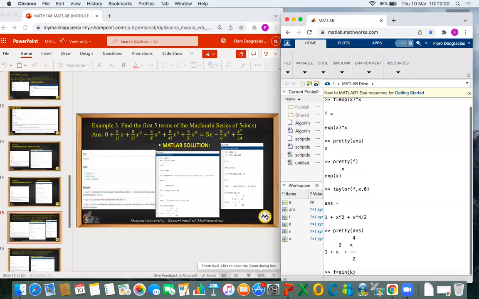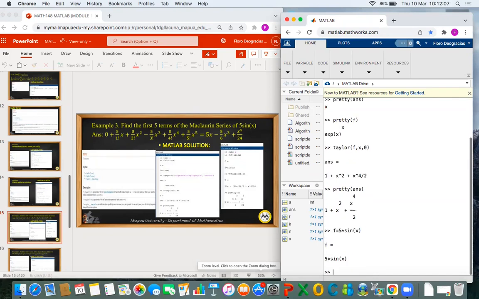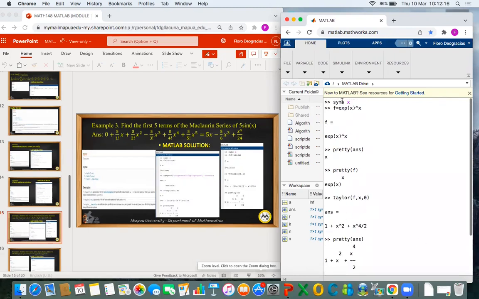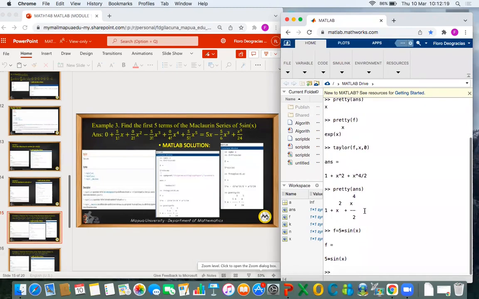But then we need to have 5, right? 5 asterisk sin x. So the declared variable is x, which I've used since a while ago. You declare it once only if you will not clear the command. But if you clear the command, you need to declare your variable again using syms.